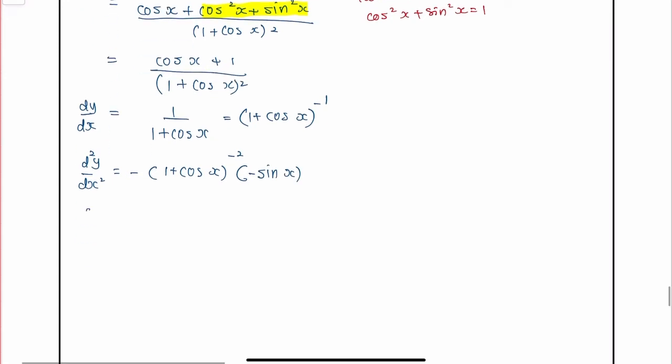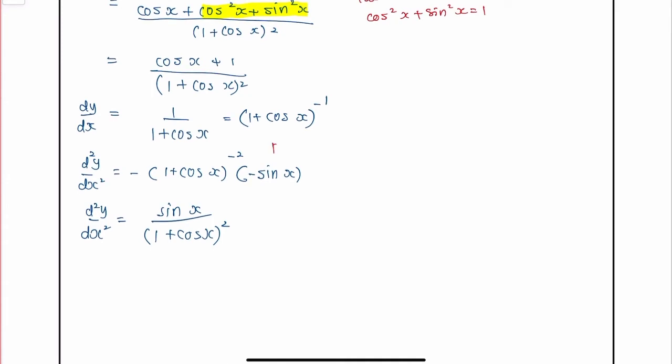So d2y over dx square becomes sin x over 1 plus cos x squared. Okay, this will be our d2y over dx square using the power rule.